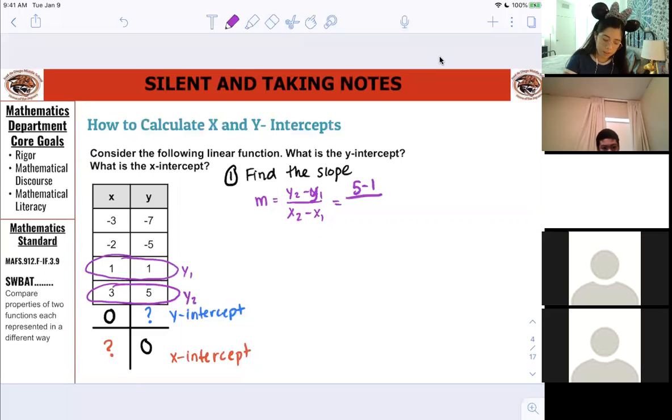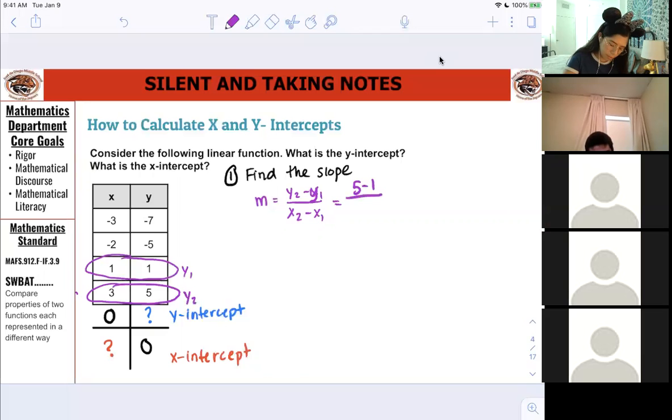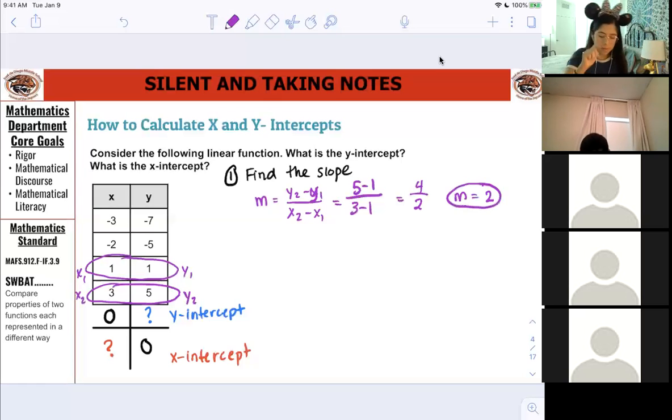And then what about my x2 and x1? 3 minus 1. 5 minus 1 gives me 4. 4 over 2. What do I get? 4 divided by 2 is 2. So there's my slope. My slope is 2. That was step 1.